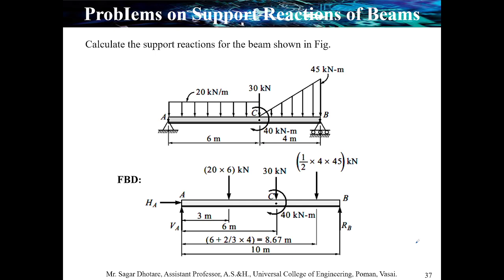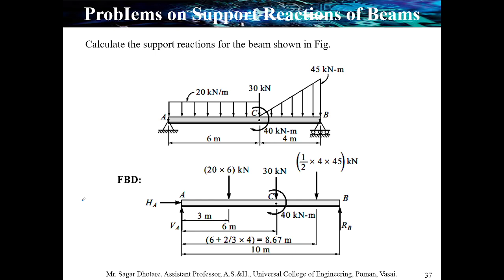As we know, for equilibrium of beams we have three conditions. First, summation of Fx is equal to 0, summation of Fy is equal to 0, and third and last, summation of all moments is equal to 0.